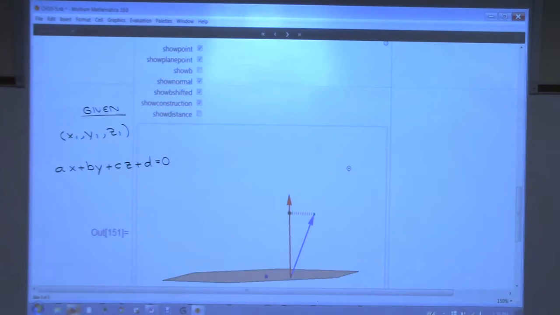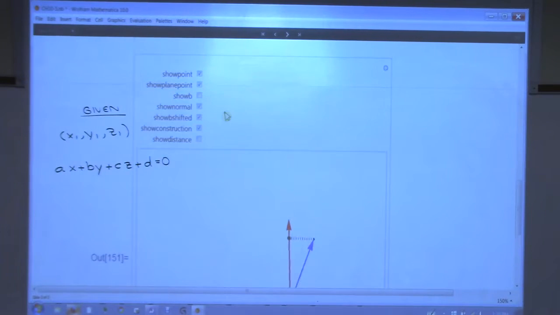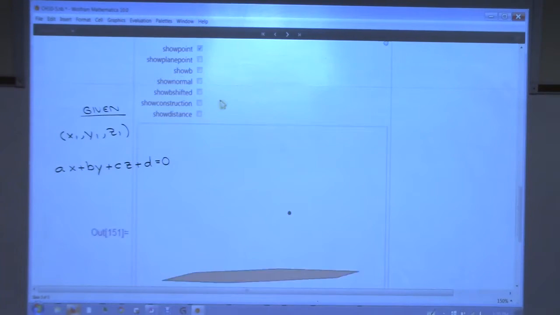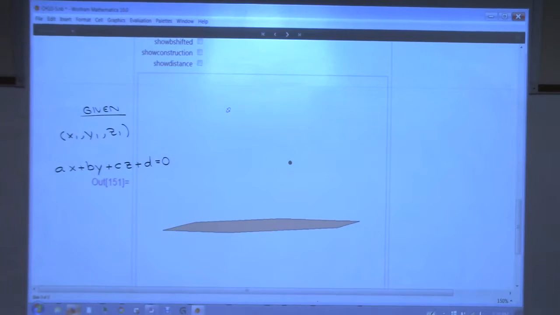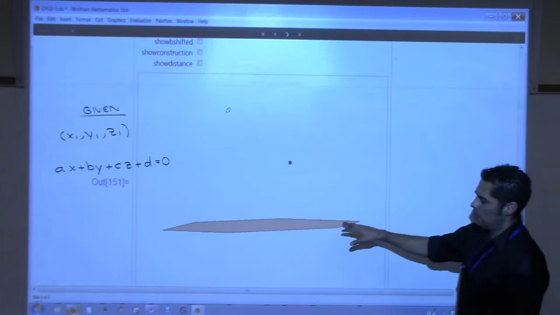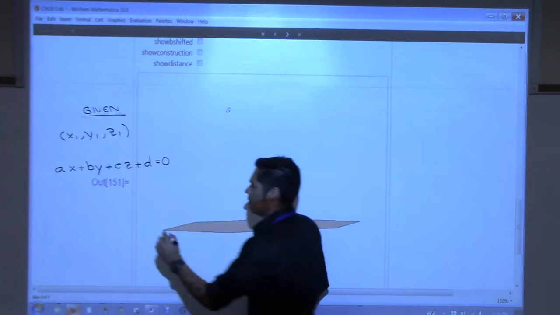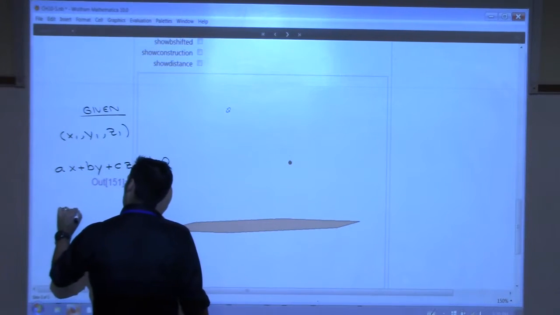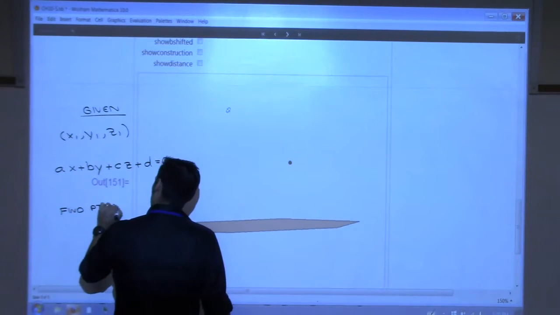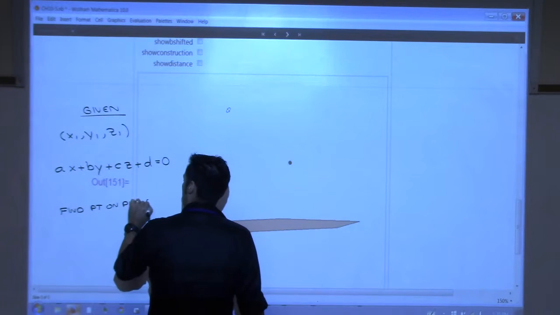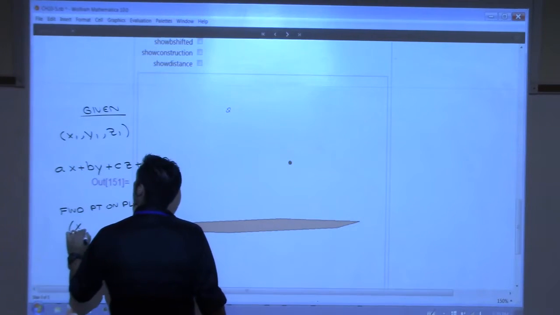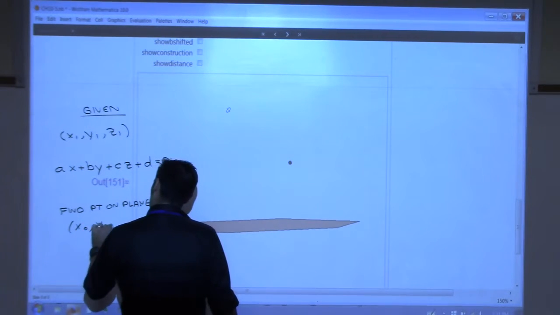Go back to my picture here. What did I say the first thing was that we were going to need to do? Find a point on the plane, right? So here's how I'm going to do this. I'm going to find a point on the plane, and let's call that point x naught, y naught, z naught.